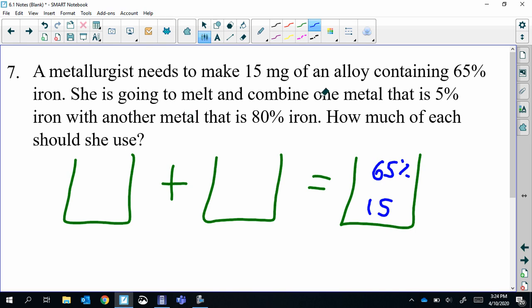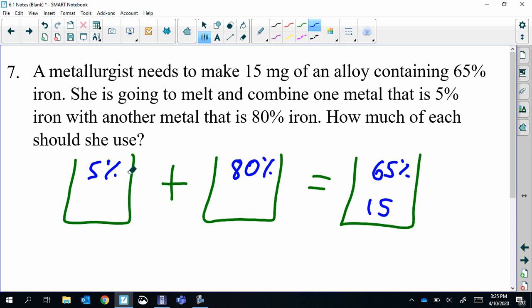So in order to make this, they are combining something that's 5% with another that's 80%. Now one easy check is that your answer can only fall between these two percentages because those are what we're mixing. If we did all of the 5% and none of the 80, we'd end up with 5. If we did all 80 and none of the 5, we'd end up with 80.